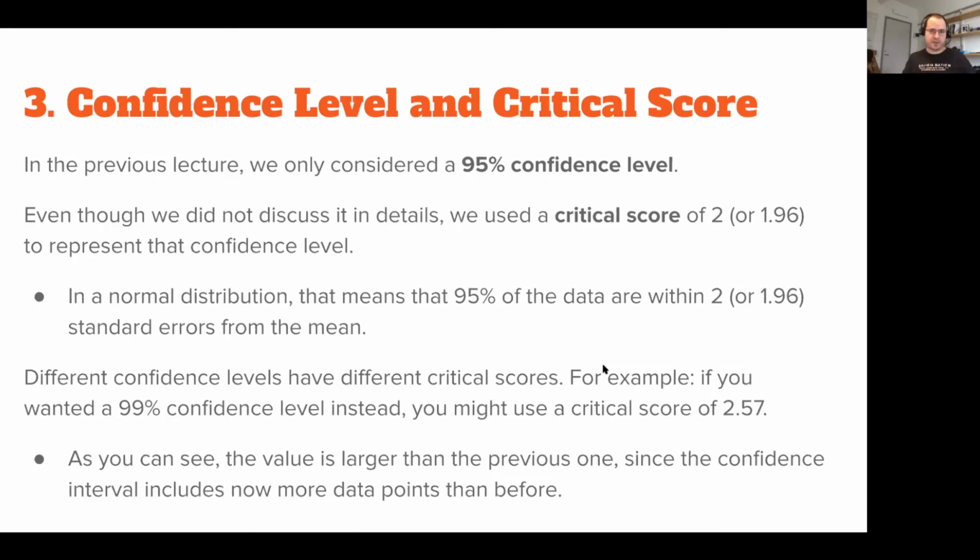In a perfectly normal distribution, using a Z, 95% of the data are within 2 or 1.96 standard errors from the mean, always. That doesn't change, and it doesn't matter if your sample size is 200 or 1000. Different confidence levels have different critical scores. For example, if you wanted a 99% confidence level, you would use a critical score of 2.57.